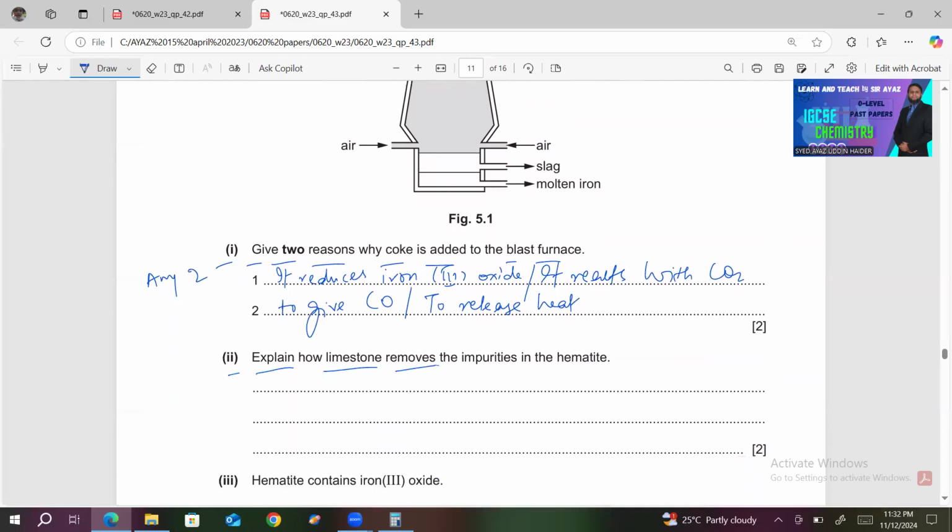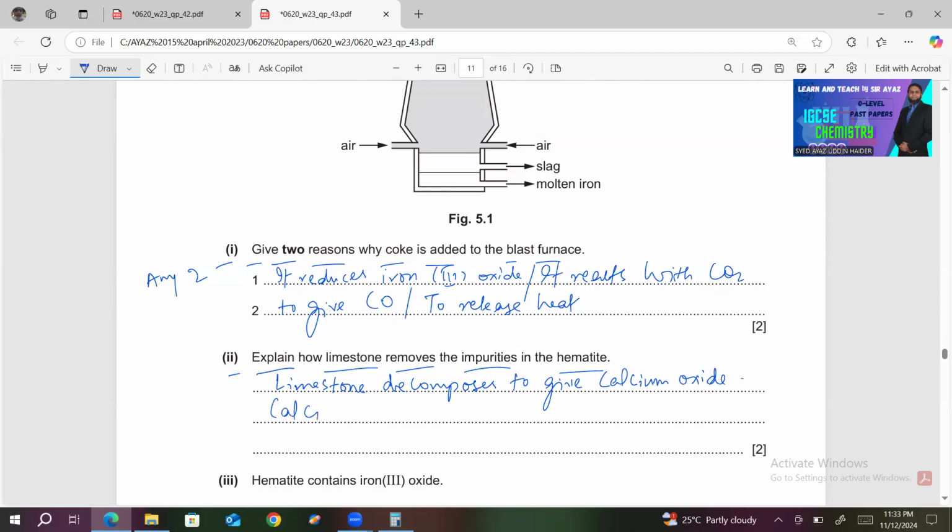Number 2, explain how limestone removes the impurities in the hematite. Now, limestone decomposes to form calcium oxide, which reacts with or neutralizes silicon(IV) oxide, SiO2, to produce slag or calcium silicate. So, first of all, you write limestone decomposes to give calcium oxide.